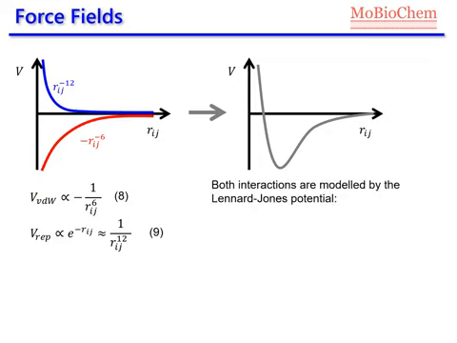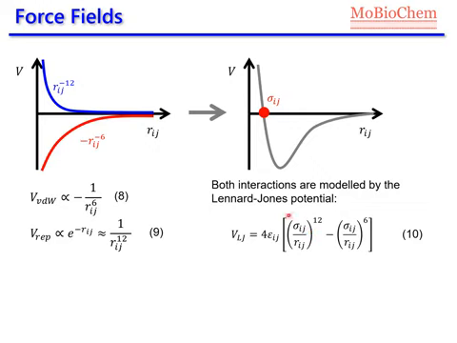In order to mimic this situation, we usually use what is called the Lennard-Jones potential, which is equation 10 here. So as you can see, here we have the repulsion term and here the attractive term. And sigma and epsilon in this equation have a kind of physical meaning.